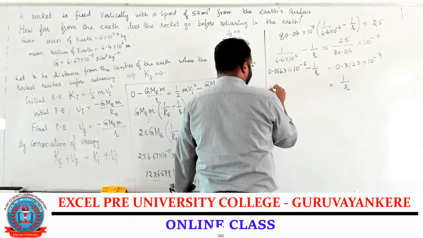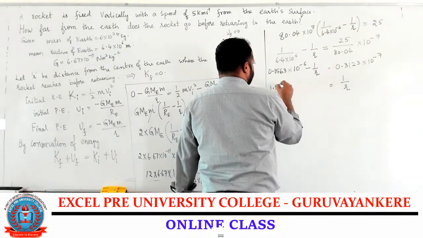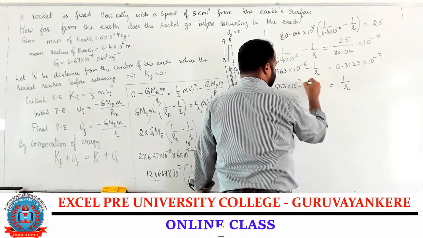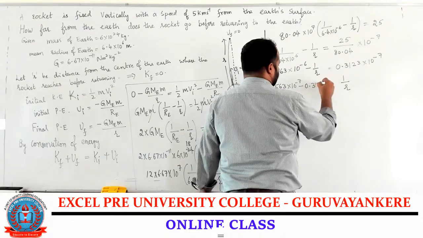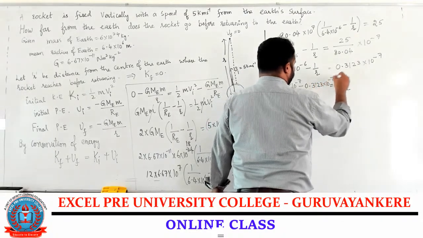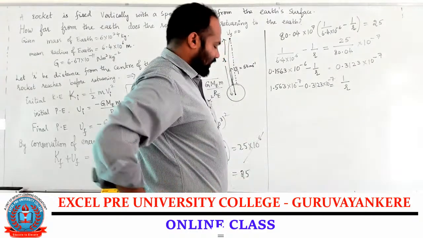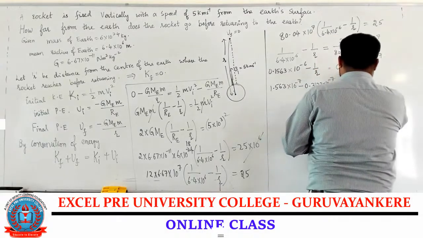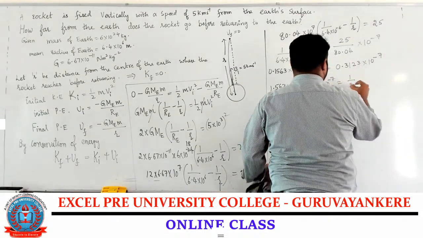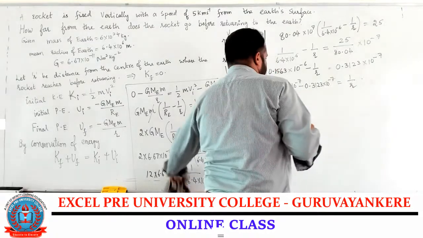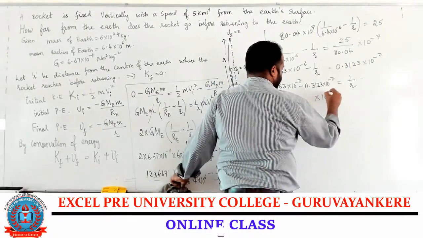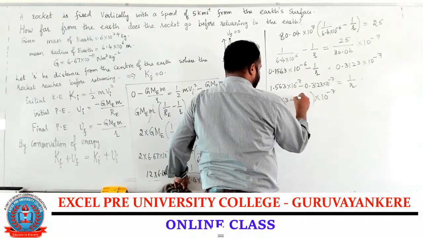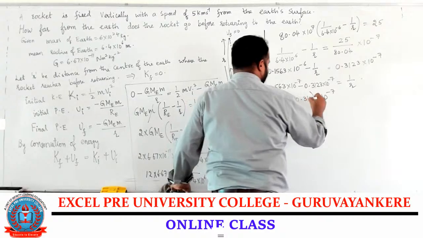So what happens now? This is 1.563 into 10 to the power minus 7 minus 0.3123 into 10 to the power minus 7, that will be equal to 1 by r. So taking 10 to the power minus 7 common, 1.563 minus 0.3123.